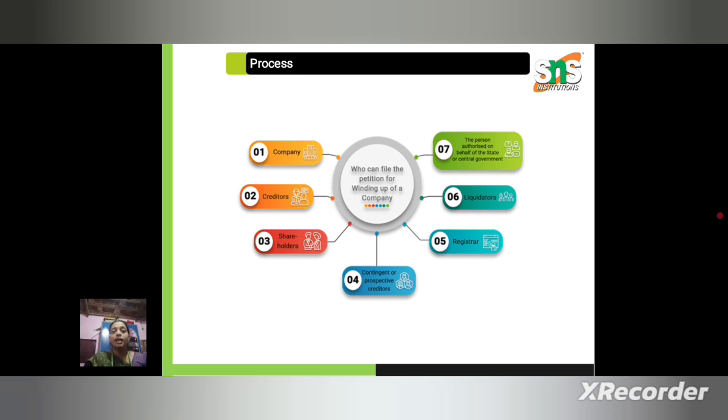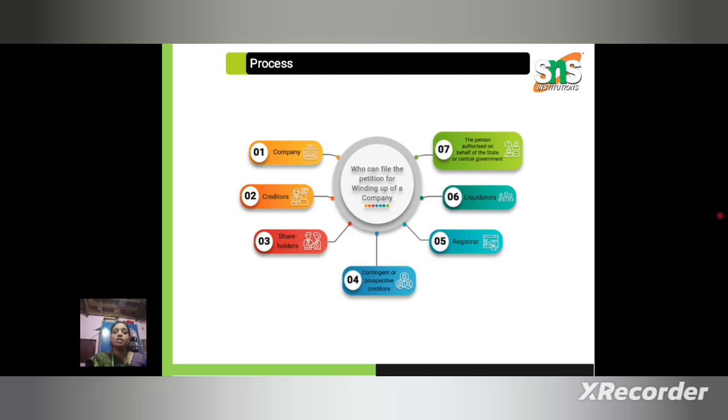Just and equitable reason for winding up: the tribunal may order the winding up of a company if the tribunal believes that it is just and equitable to do so. The tribunal has broad discretionary powers in such cases. When it appears to be just and equitable, the tribunal may order the dissolution of a company.